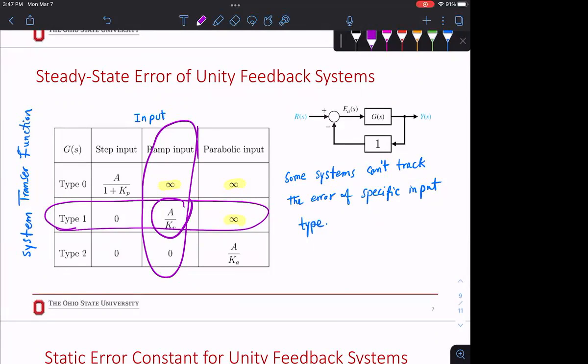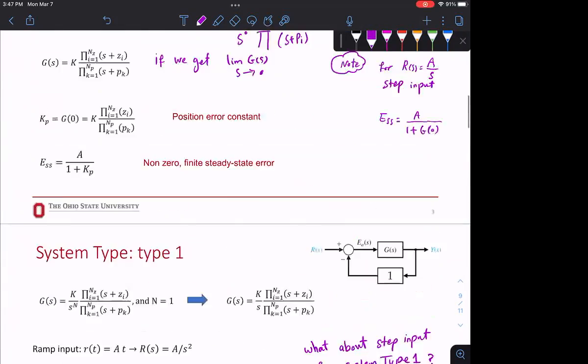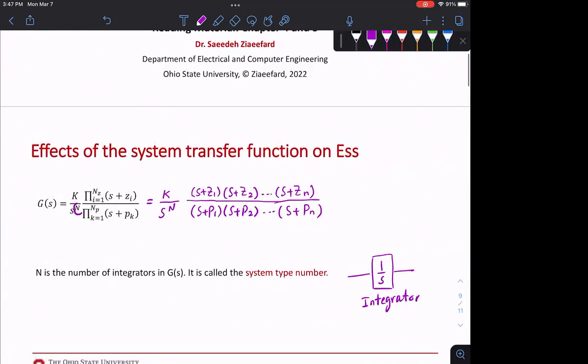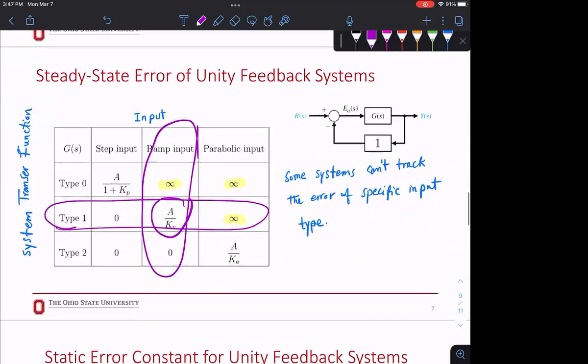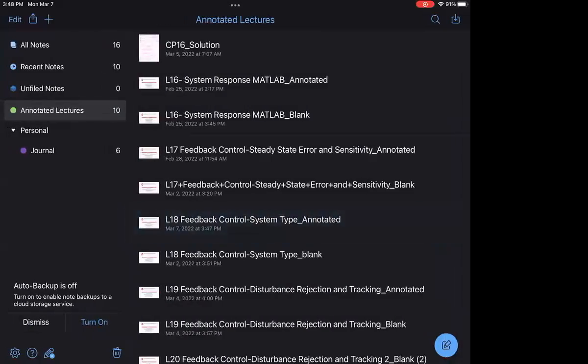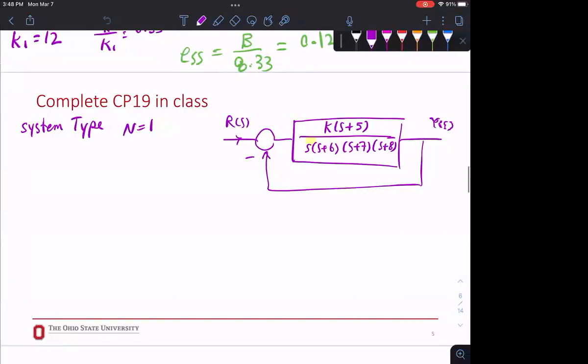So system type 1, your denominator had one integrator, right? This lecture here, slide 1. N equal to 1, system type 1. For system type 1, when we have unity feedback, the only case that you have a non-zero steady state error is when you have ramp input. So now having that knowledge, going back to our beloved lecture, input must be ramp.